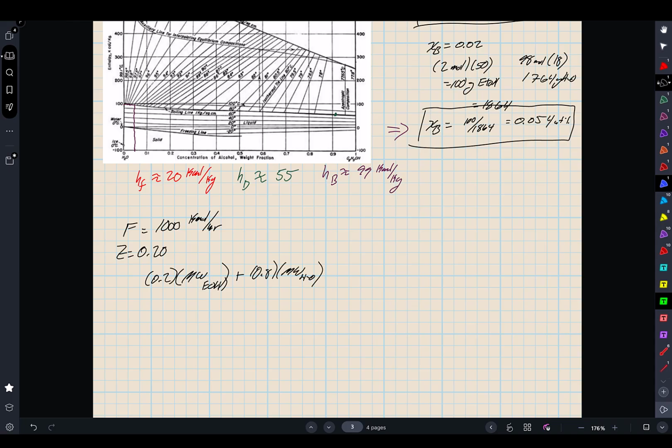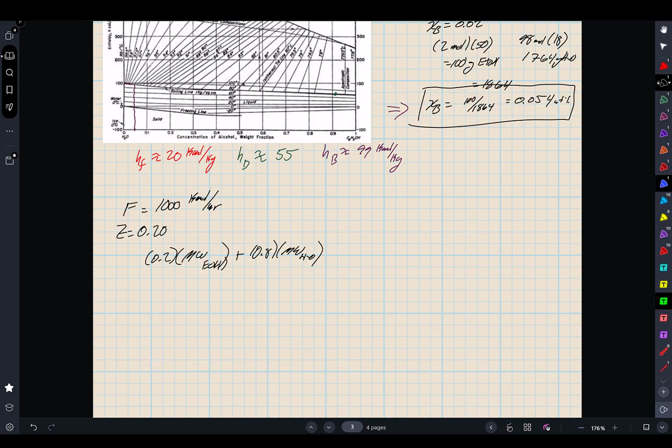So we can say 0.2 times 50 grams per mole plus 0.8 times 18 grams per mole, and that would end up giving us the average molecular weight of approximately 24.4 grams per mole.